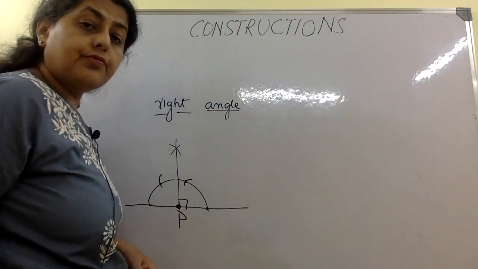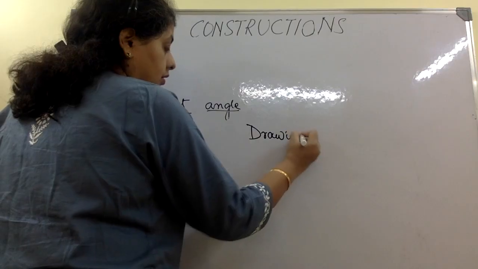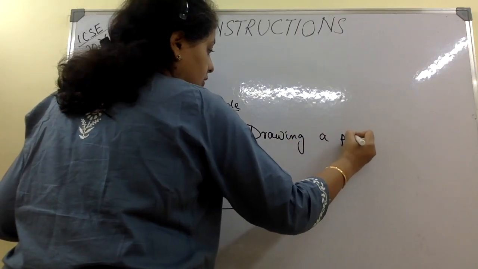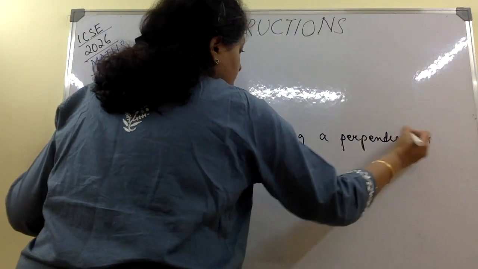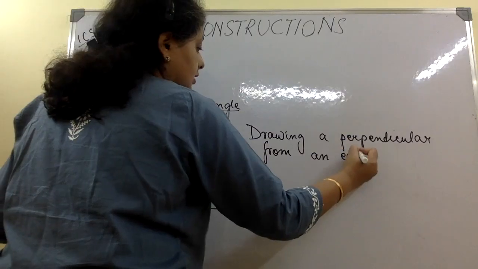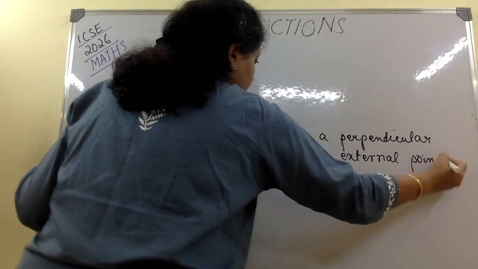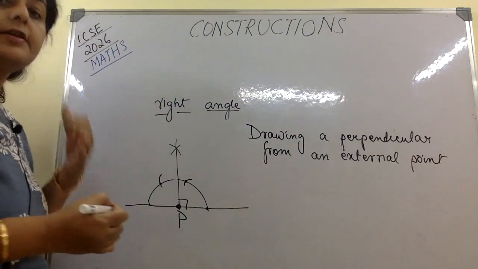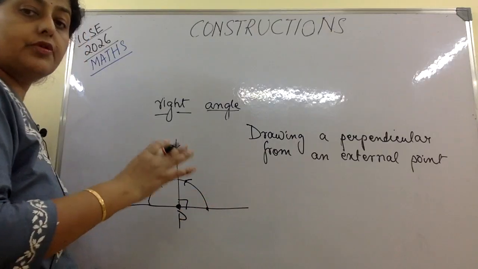Now the next one will be drawing a perpendicular from an external point. Okay, drawing a perpendicular from an external point.